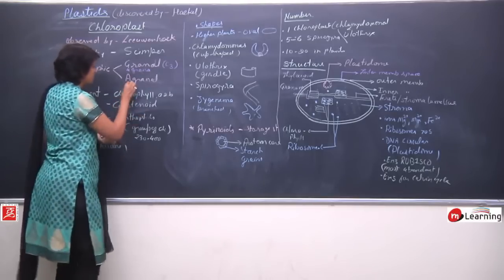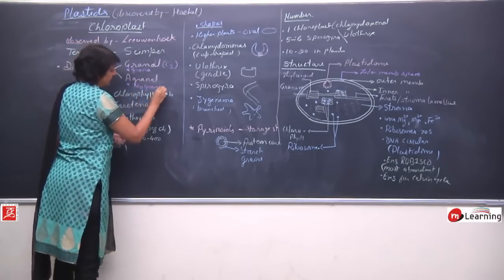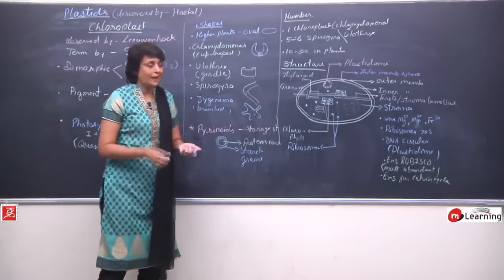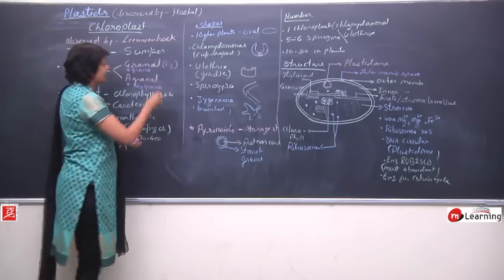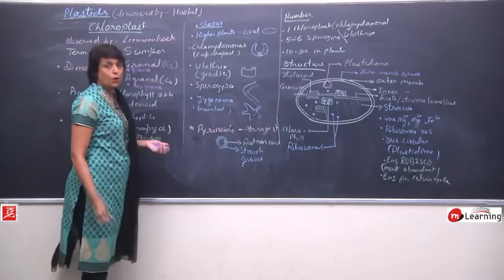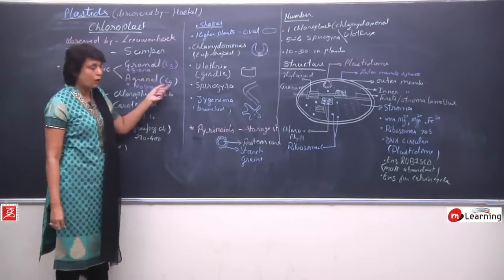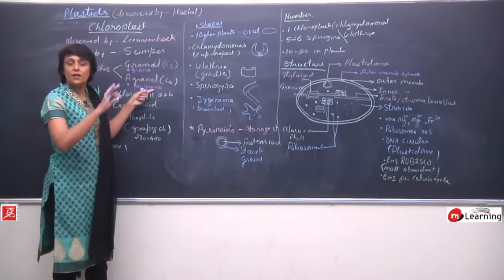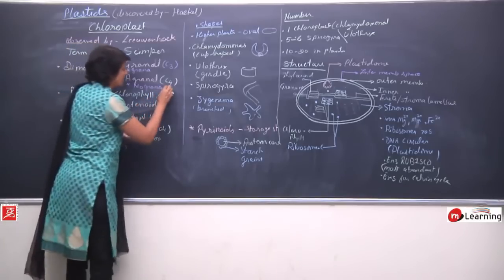Agranule means no grana. Where would we find chloroplast where grana are not required? This is seen in case of C4 plants, not all the cells. Some cells like the mesophyll cells of C4 plants, they have agranule. That means there are no grana. Not mesophyll cells, bundle sheath cells.